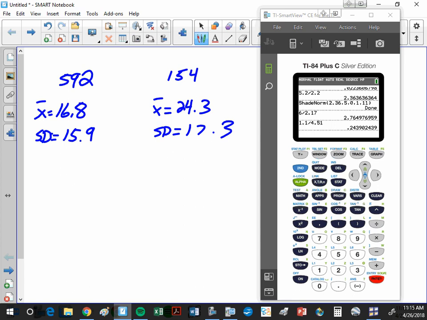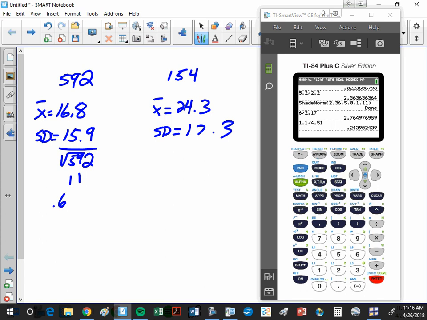Okay, so I'm going to divide this by the square root of 592. What did that equal? Did anybody make it this? 0. So less than 1%.